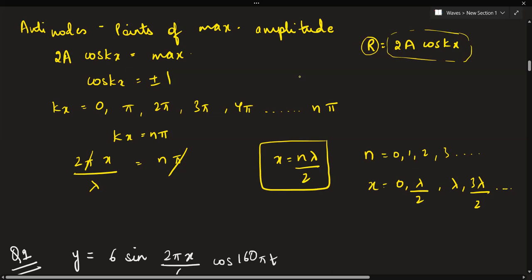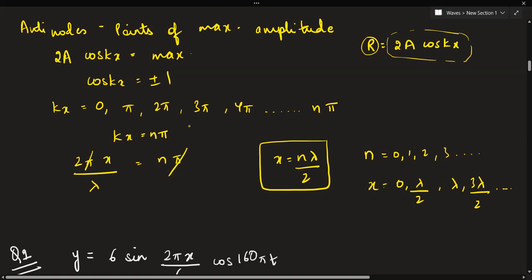The maximum values for cos can be plus or minus 1. So this will begin with 0, then pi, 2 pi, 3 pi, 4 pi, 5 pi, 6 pi, and so on, starting from 0, then 1, 2, 3. So antinodes are those positions for which the amplitude, that is 2a cos kx, has its maximum value, that is plus minus 1.